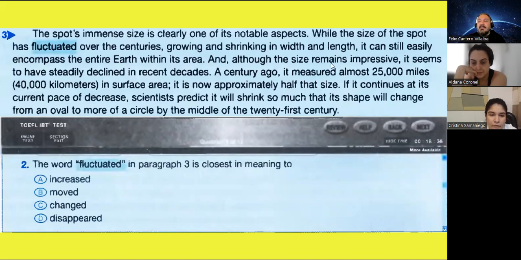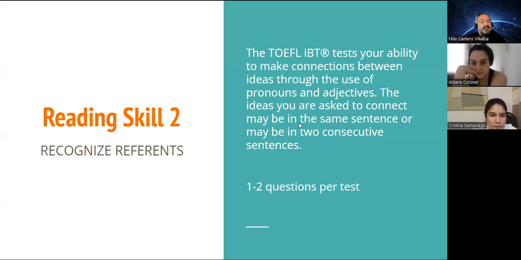Okay, so with this, we move on to reading skill 2. First, we were talking about understanding meaning from context, and now it is recognizing reference. Aldana, can you read the description, please? The TOEFL tests your ability to make connections between ideas through the use of pronouns and adjectives.